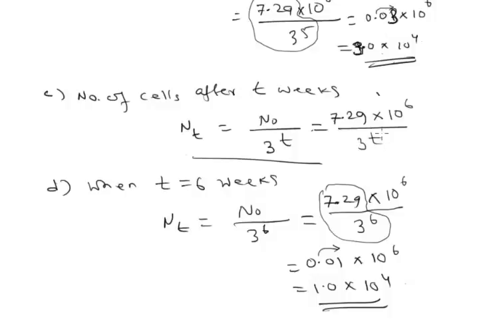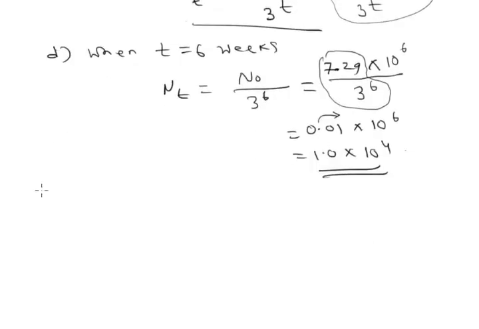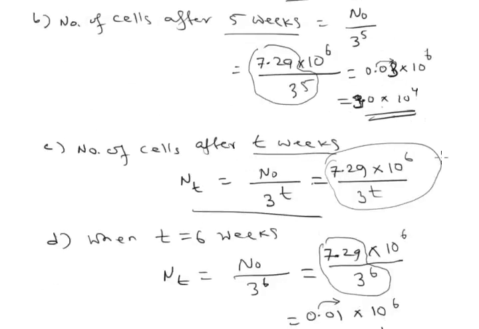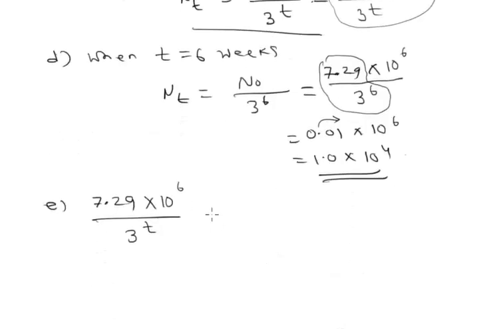Now we need to find the number of weeks so that the number of cancer cells is below 1000. So the number of cancer cells after t weeks, 7.29 times 10 to the power 6 divided by 3 to the power t, has to be less than 1000. From here we will calculate this t.